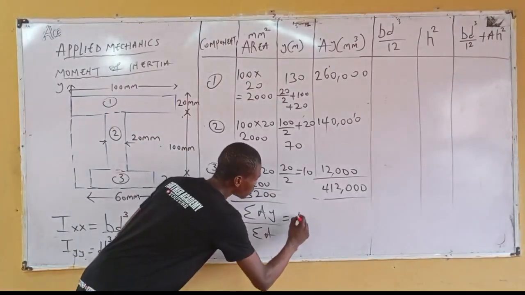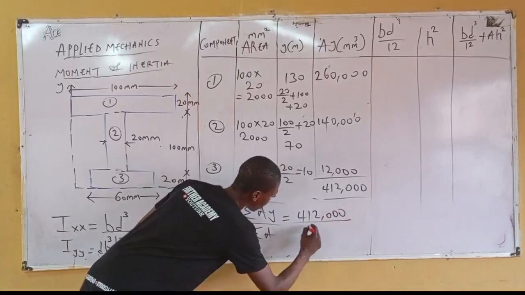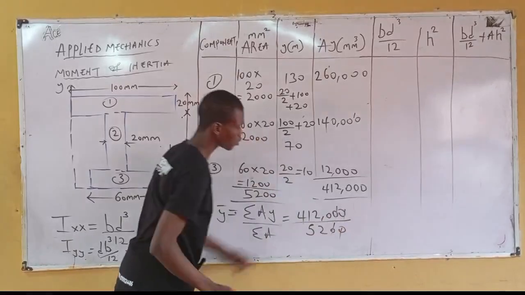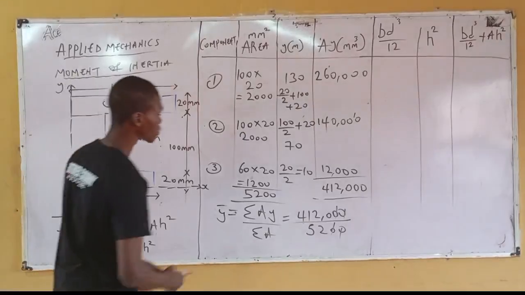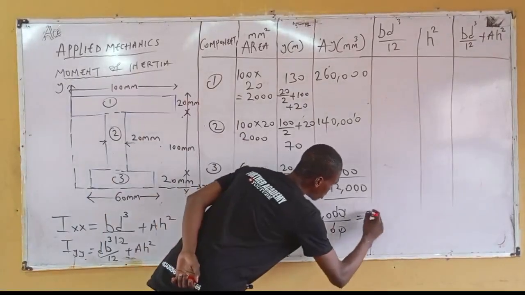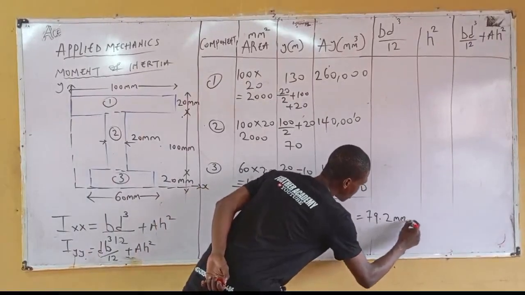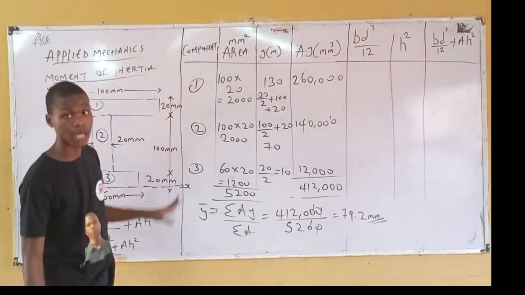Meaning, the centroid is what? 412,000 divided by 5,200. This cancels out. So, what's the answer? Okay, 79.2. So, y bar is what? 79.2 mm. We've solved our centroid for the y-axis, right?